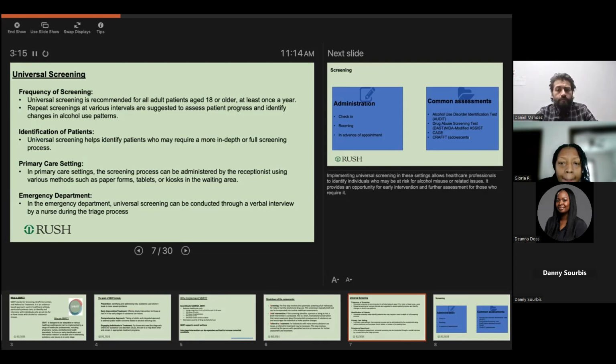Sometimes they are incorporated in the ED triage. When you go in, they ask a question, and if you answer yes to that question, it triggers them to alert other people like social workers. I know at Rush, it starts in the ED. You do an assessment with the nurse. If you answer yes to that question, it triggers the nurse to contact the social worker, who will come bedside to that person.